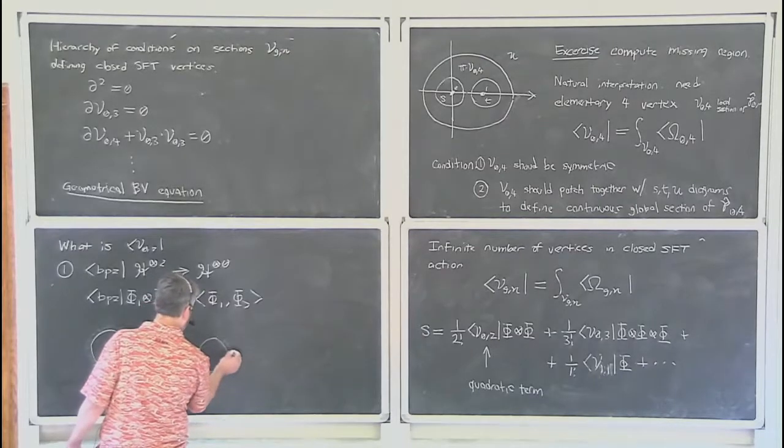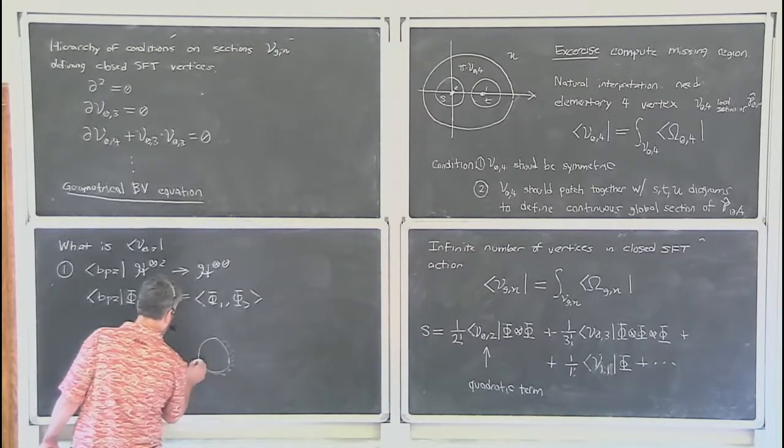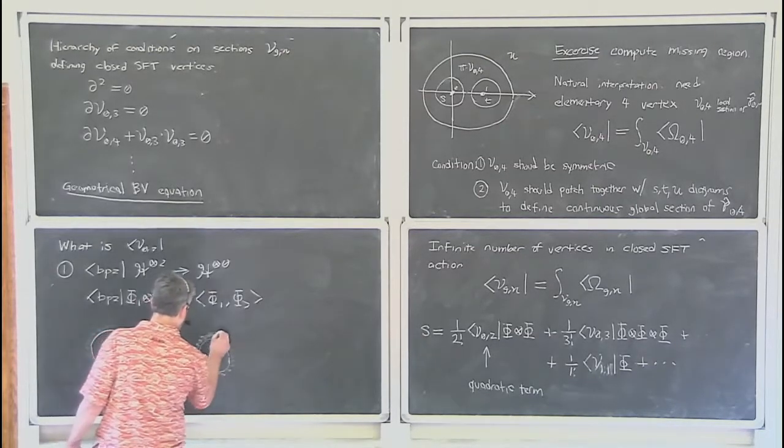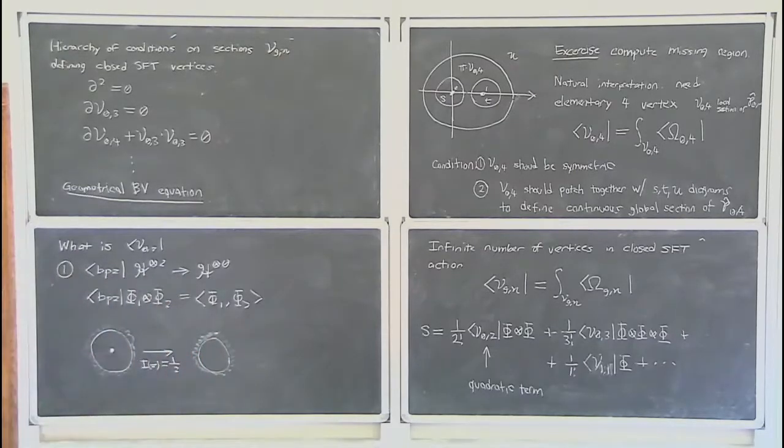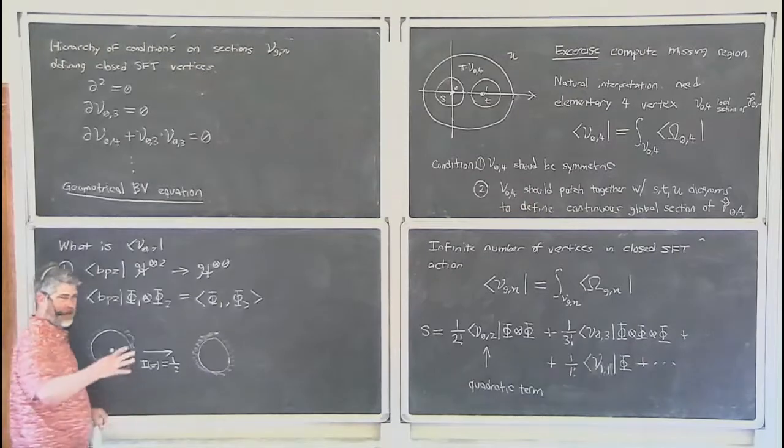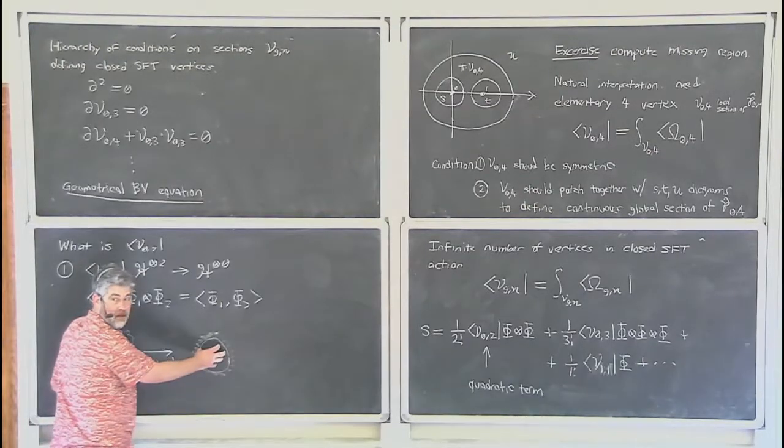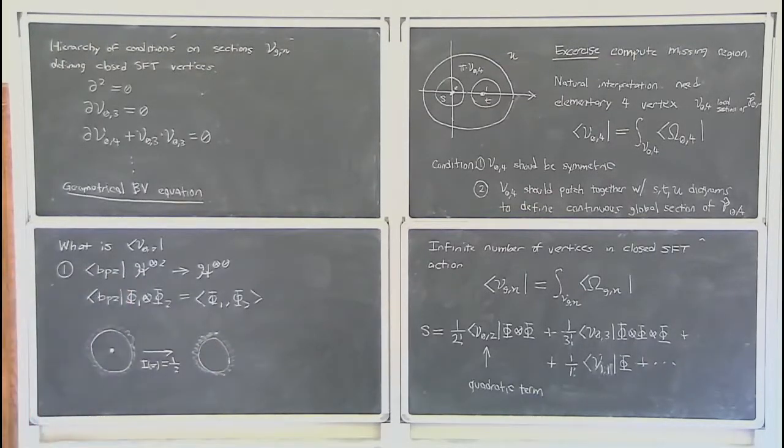Now if you have a surface which is the complement of the unit disk, it's easy to contract with the state because you just take the disk of the state and patch it in there. So this conformal map is the thing that defines the BPZ inner product.